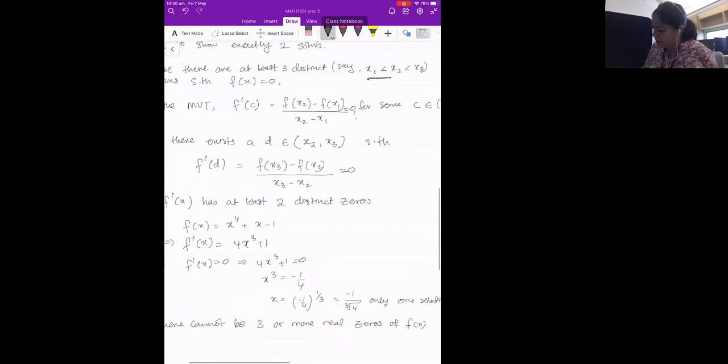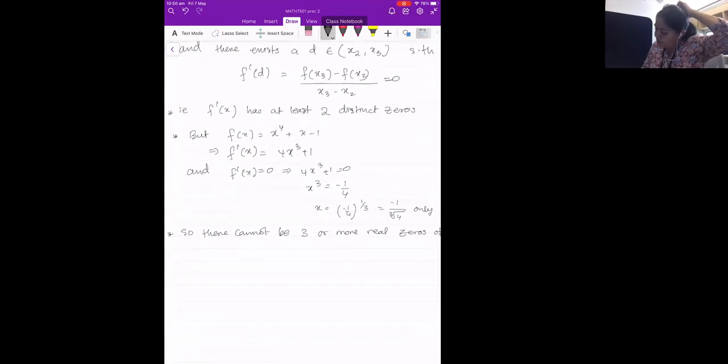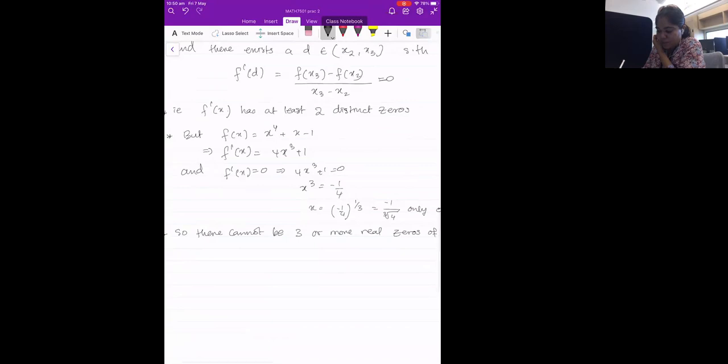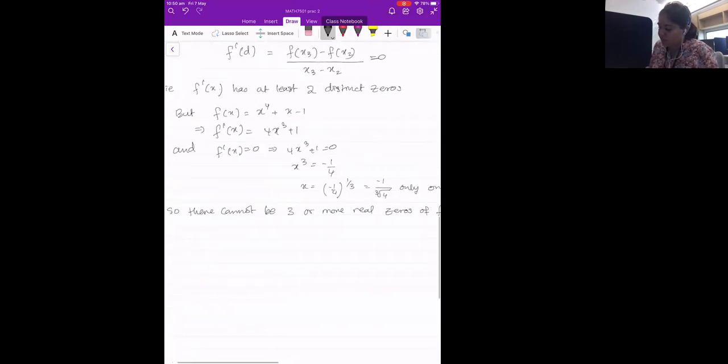And on the interval x2 to x3, there exists a point d such that f'(d) is equal to that. That shows f'(x) has at least two distinct zeros, but computing f'(x), we get 4x^3 plus 1, and equating it to 0, we get just one solution. So that's a contradiction of the assumption.